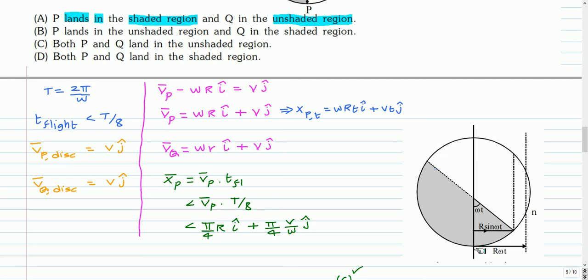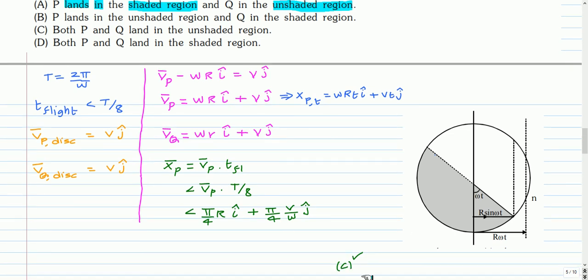R omega t is this arc length, and r sin omega t is this length. So the arc length is greater than this length, so r omega t is greater than r sin omega t. So this pebble P will land somewhere here, so it will land in the unshaded part. And the pebble Q has a smaller velocity than pebble P, and will land somewhere here. So both the pebbles will land in the unshaded part. So the correct option is option C.